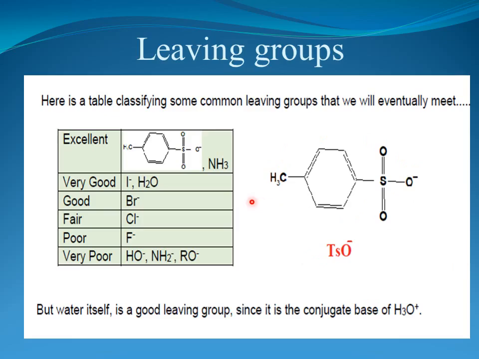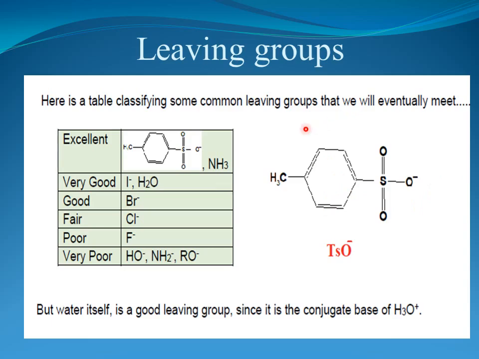After it acts as a leaving group, it is going to stabilize itself. How? Due to resonance. This negative charge is going to circulate in the whole system due to resonance. The negative charge will shift over here, to this pi bond, and circulate in the whole ring. Therefore, this whole system will be stabilized.